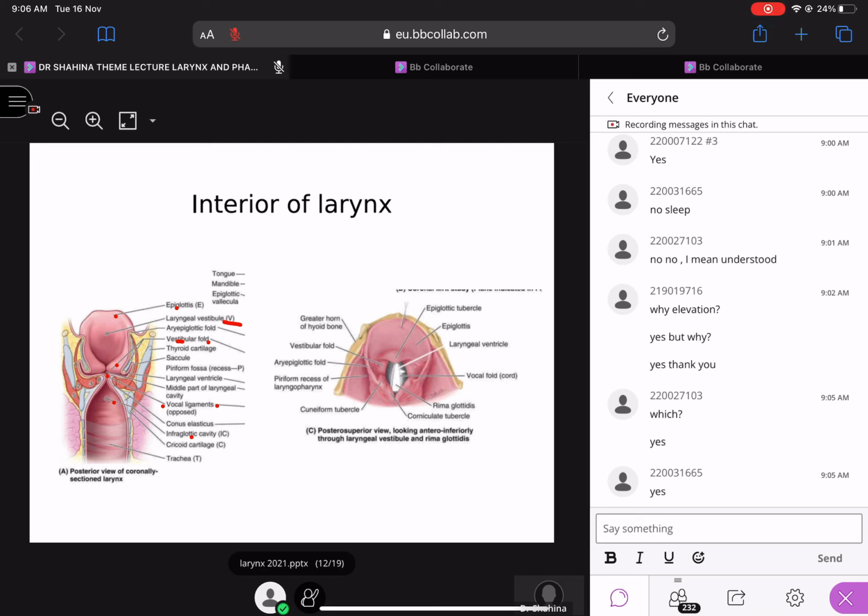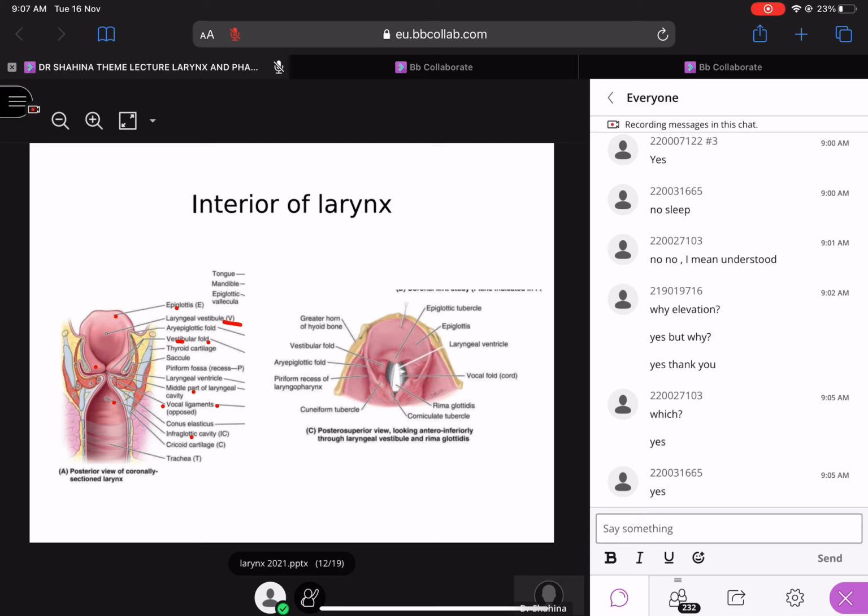Then this is one vestibular fold, this is the other vestibular fold, and the gap between these two is the rima vestibuli. In the same way, between the two vocal folds, you have the rima glottidis. Now this is the middle part.